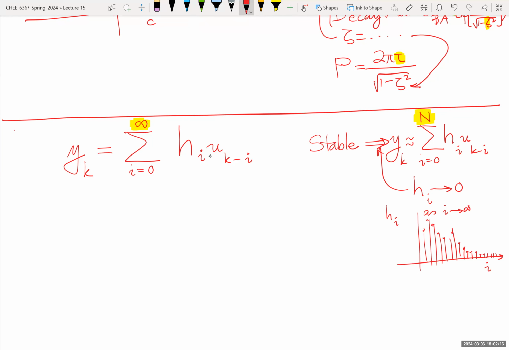Notice that this has a direct effect of the inputs on the outputs. That's the advantage of these models. These models have directly the effect of inputs on outputs. The disadvantage is that they may have many coefficients to estimate.